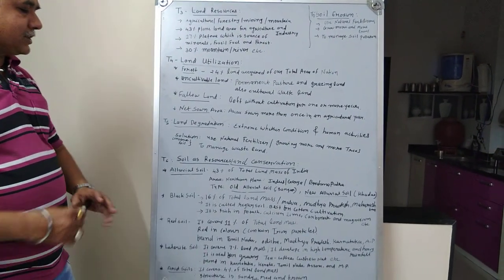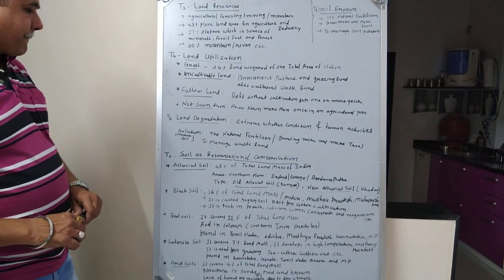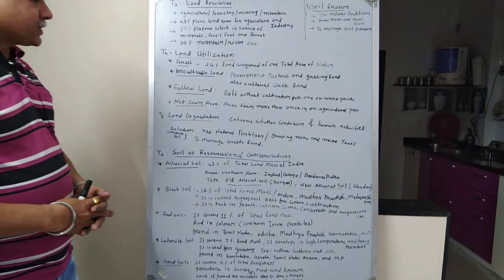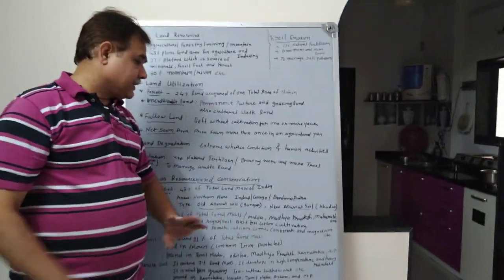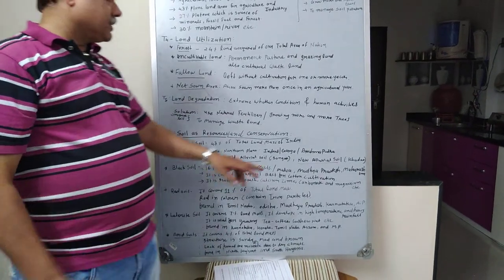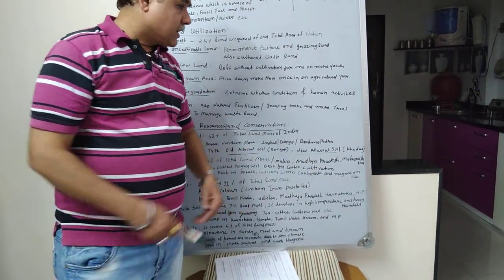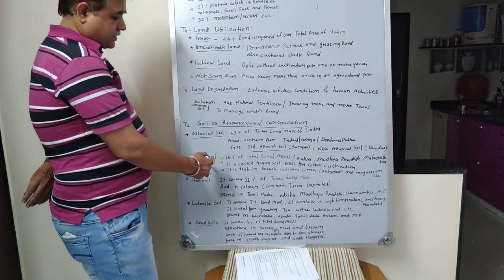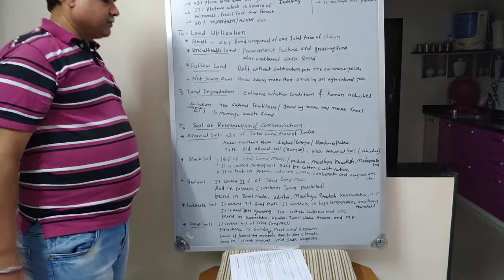Now, black soil. Black soil covers 16% of the total landmass of our nation. It is found in Malwa, Madhya Pradesh, Maharashtra. It is called Regur soil.